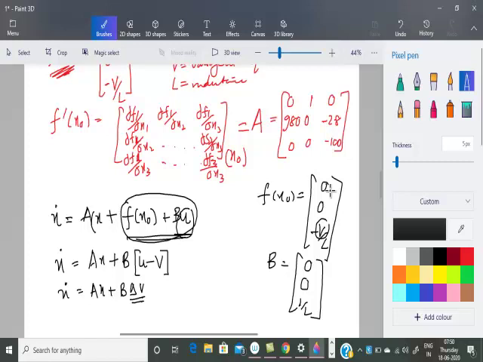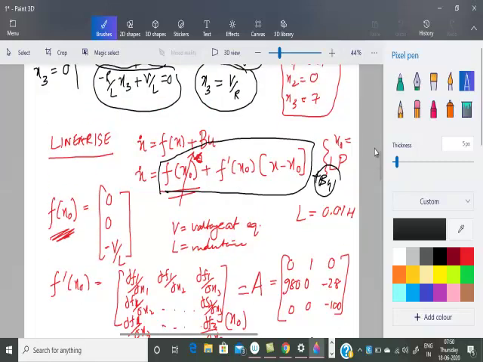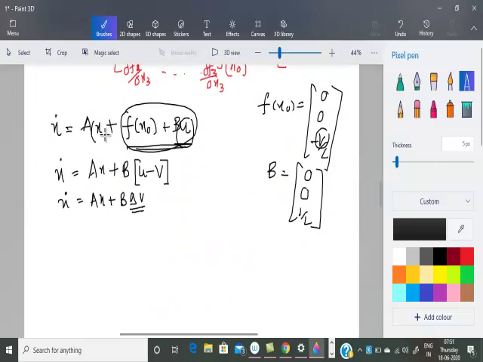So I'll rewrite this more clearly: x dot is equal to A times x minus x0 plus b delta v. I'll write this as x dot is equal to A delta x plus b delta v.